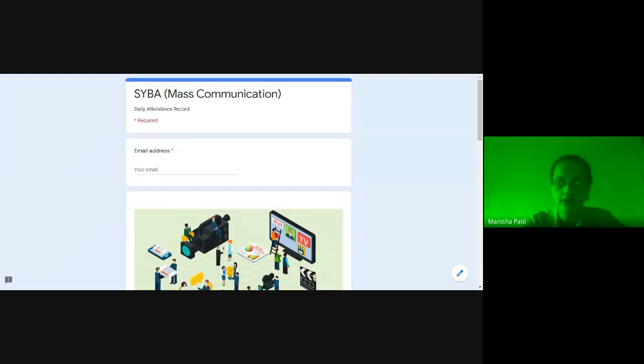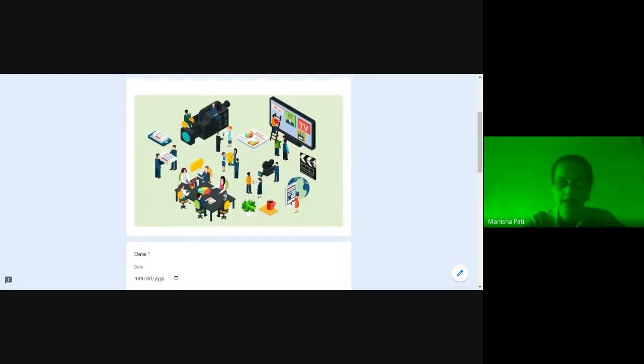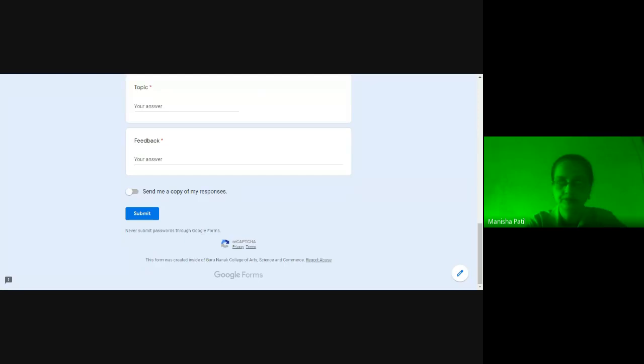So this is the form, SYBA Mass Communication daily attendance form. Can you see the form? This particular form you have to submit every day. The same day you have to submit. Don't keep it pending. The moment your lecture is over, immediately fill this particular form. Am I clear, all of you? This is your daily attendance form.